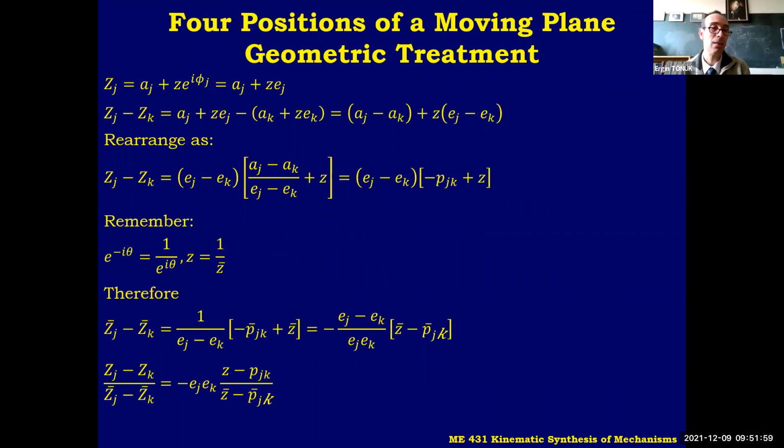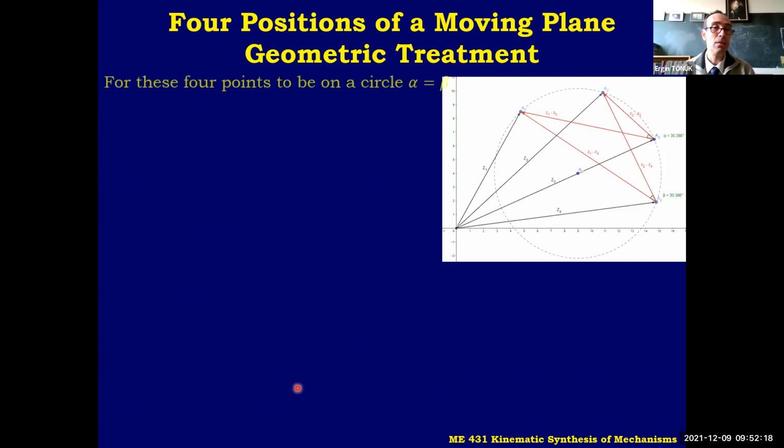So what we will do is, by utilizing this equation, we will set the two angles to be equal so that the four positions of a homologous point would be on a circular path. So this was our condition, the two angles alpha and beta to be equal, so that we have four positions on the circle.